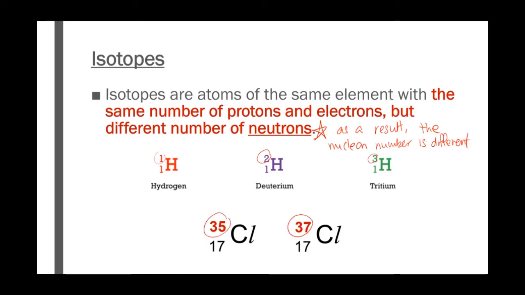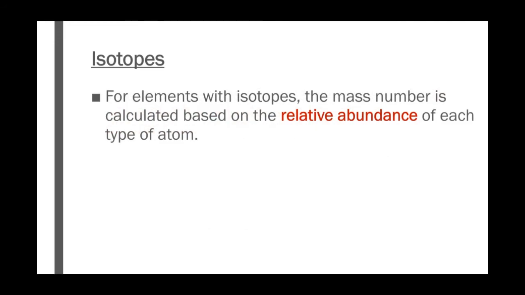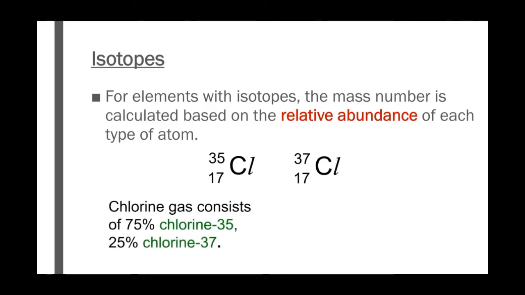For chlorine, similarly. For elements with isotopes, the mass number that you see is actually calculated based on the relative abundance of each type of atom. What do I mean by that? Because there's 2 types of chlorine atoms, chlorine isotopes, in reality, 75% of them exist as chlorine-35, which is this one, and the other 25% in the natural world exists as chlorine-37.